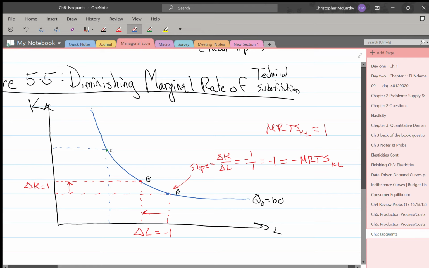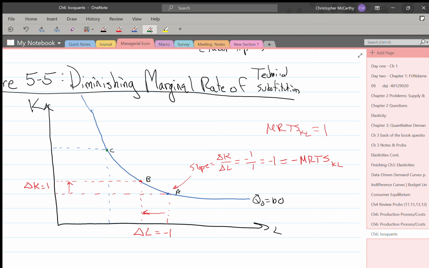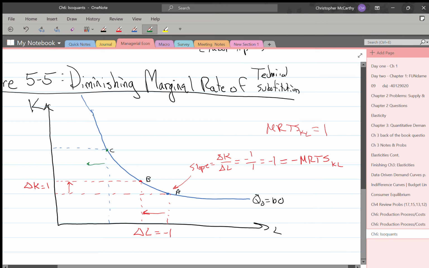I actually need to extend this a little bit, because this same amount here, now I'm going to have a change in my capital stock that's going to be equal to 3.